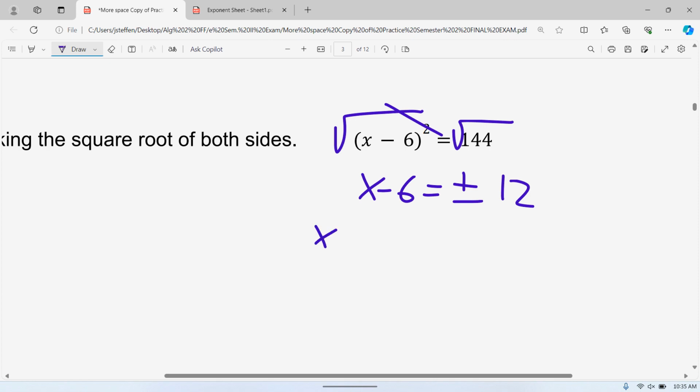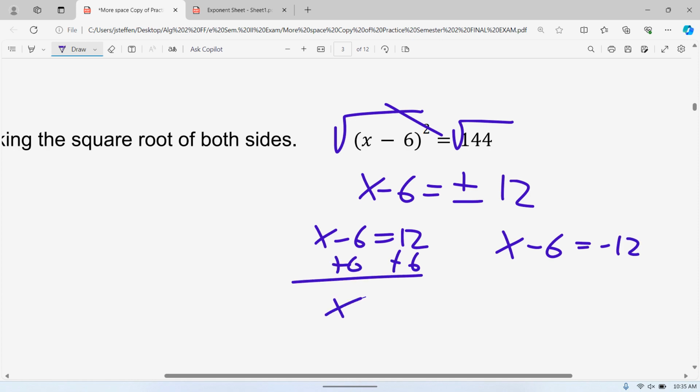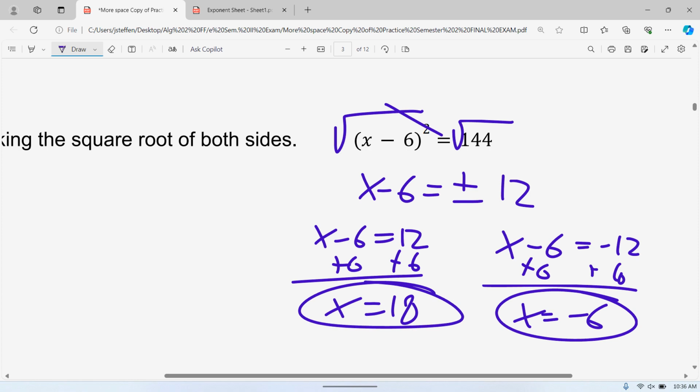I have positive 12 as one of my answers, and negative 12 as the other. Add 6 to both of them. That's 18. Over here, when you add 6, you get negative 6. So negative 6 and 18 are both your answers for that. You have to make sure you're careful that there are 2 answers for that one.